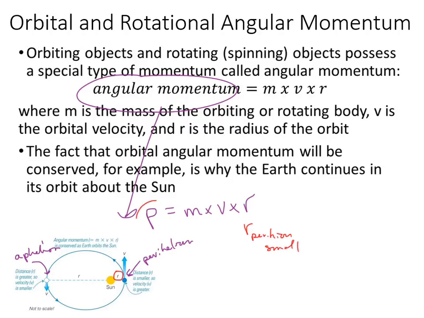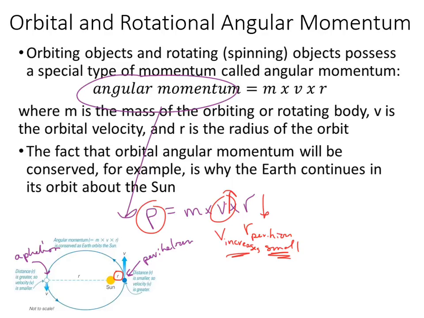The momentum is conserved, so if this goes down, the velocity needs to go up because the mass isn't changing. So at perihelion, the velocity increases because of conservation of momentum. Radius goes down, velocity goes up. This is Kepler's second law. We said basically at perihelion it goes faster and at aphelion it goes slower.